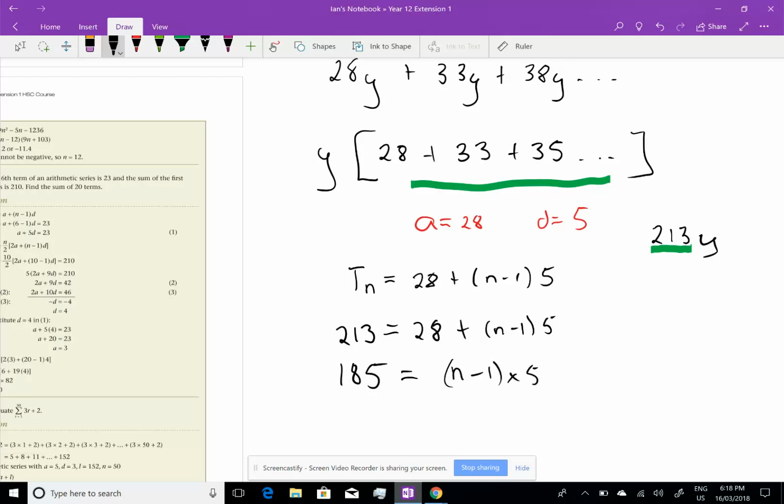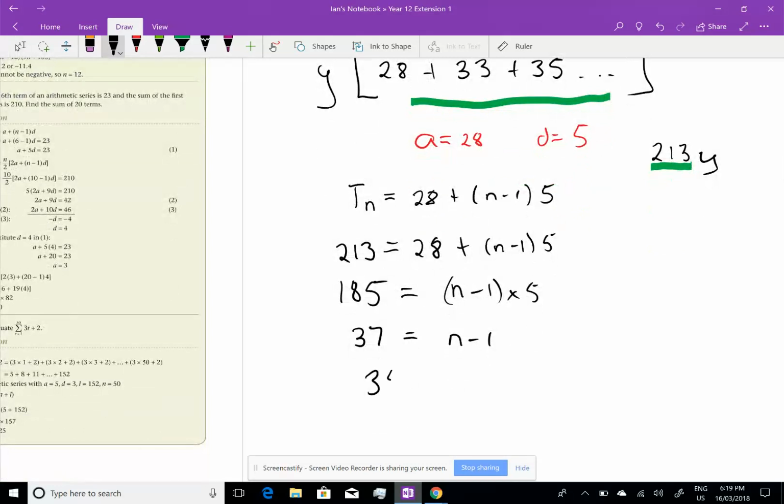If I divide by the 5, I get 185 divided by 5, 37. 37 equals n minus 1. Therefore, the 38th term is the term I'm looking for. And I'm just checking the answer. There we go. That's the right one.